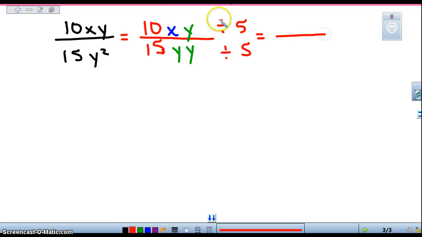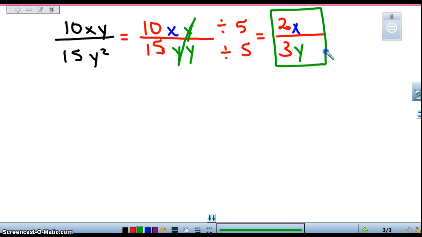That means we're left with 10 divided by 5, 2. 15 divided by 5, 3. We look at our variables. X is the only x variable in the problem, so that's going to stay. And we have these y's that cancel out here, so we're left with y in the denominator only. So we're left with 2x over 3y.